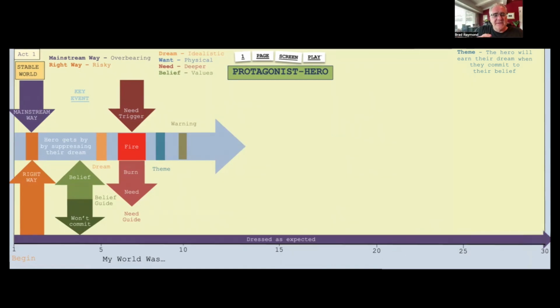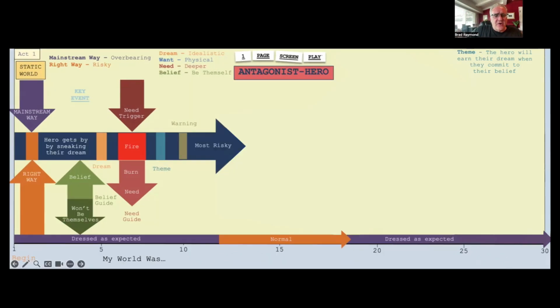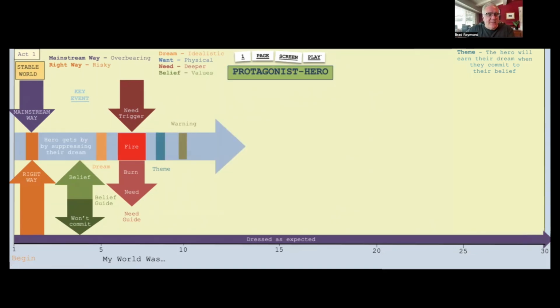The protagonist is essentially the same as the antagonist hero, and you'll see here I just color coded it differently. What's different about the antagonist hero is, in the protagonist, the hero gets by suppressing their dream, which is connected to their passion.